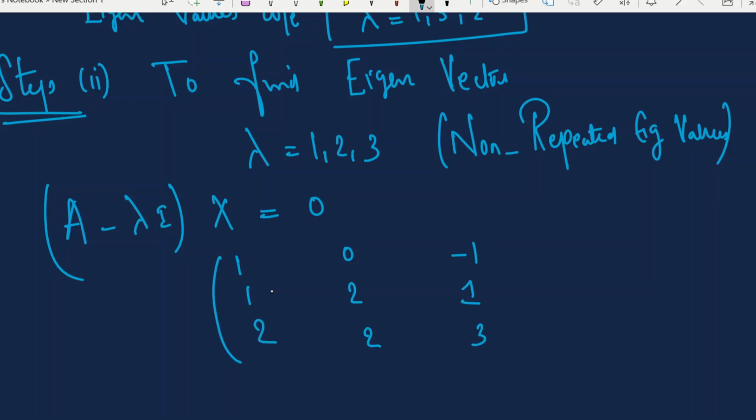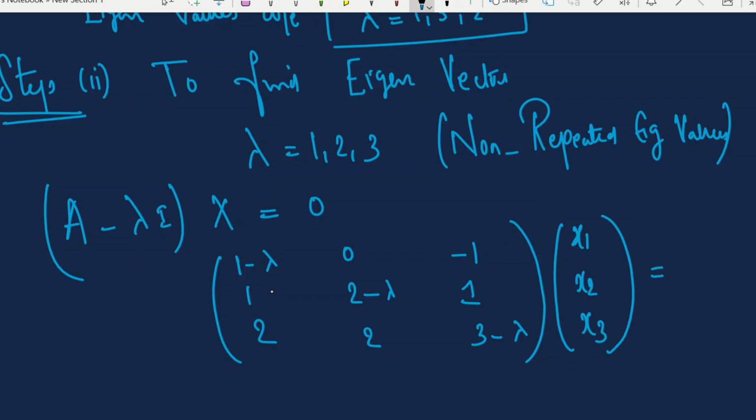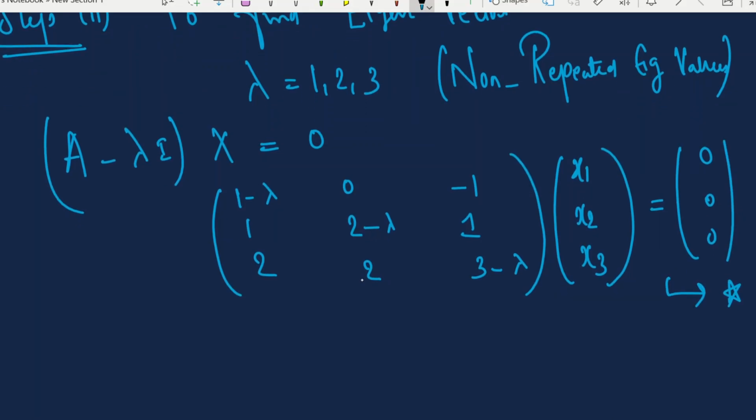Here minus lambda, here minus lambda. That's all. Since this is a 3 cross 3 matrix, we consider the vector x1, x2, x3 as a column vector with 3 rows, equal to 0. The 0 matrix is nothing but 0, 0, 0. So this is star.